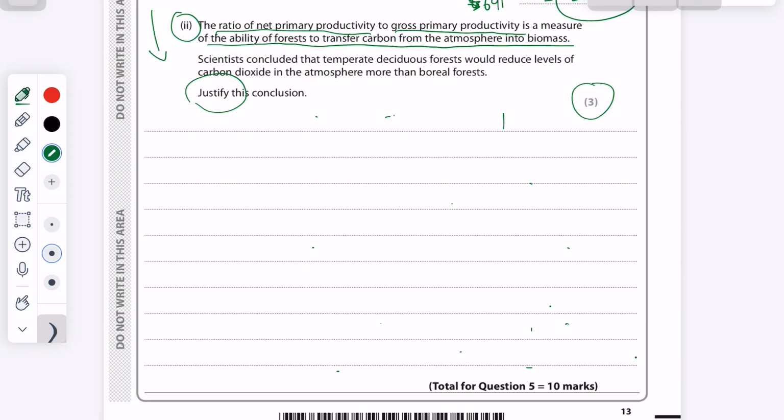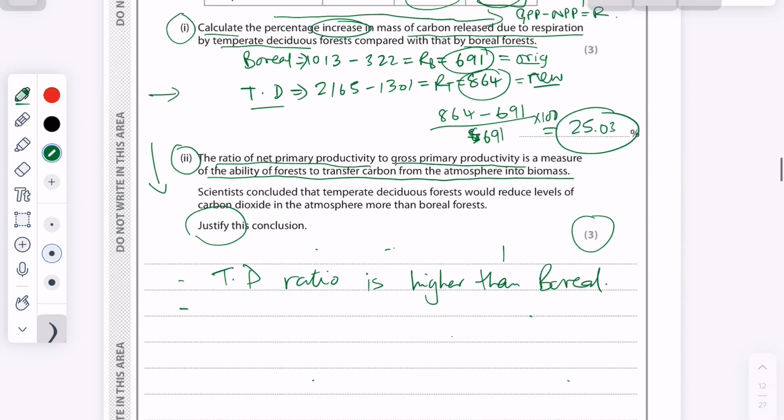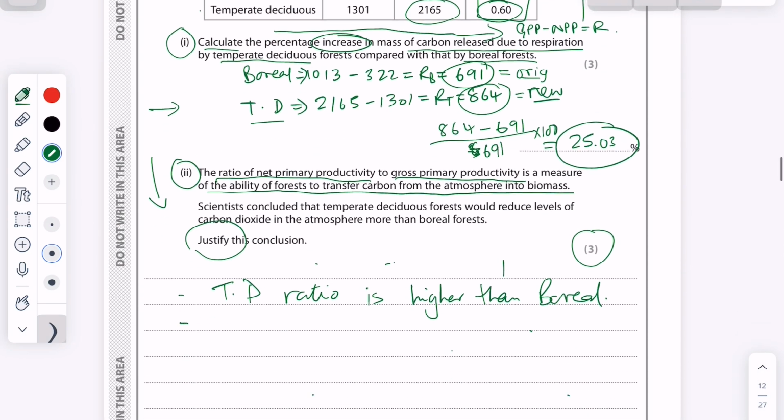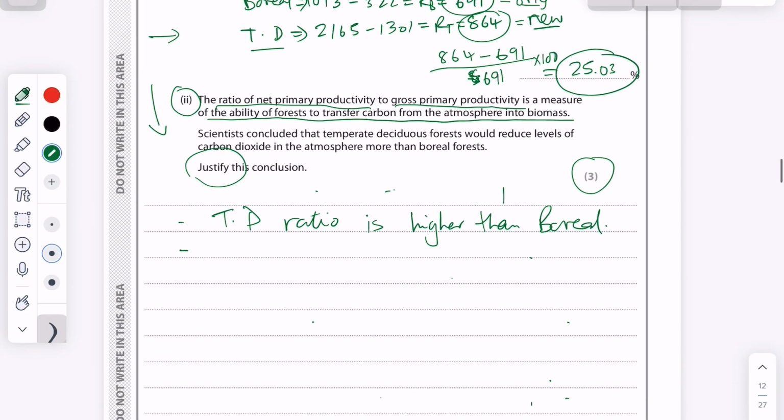Justify this conclusion. The ratio of the net primary productivity. So the TD ratio is higher than boreal. The temperate deciduous ratio is higher than boreal. We're using some information and adding value. The ratio is a measure of the ability of the forest to transfer carbon from the atmosphere into biomass.